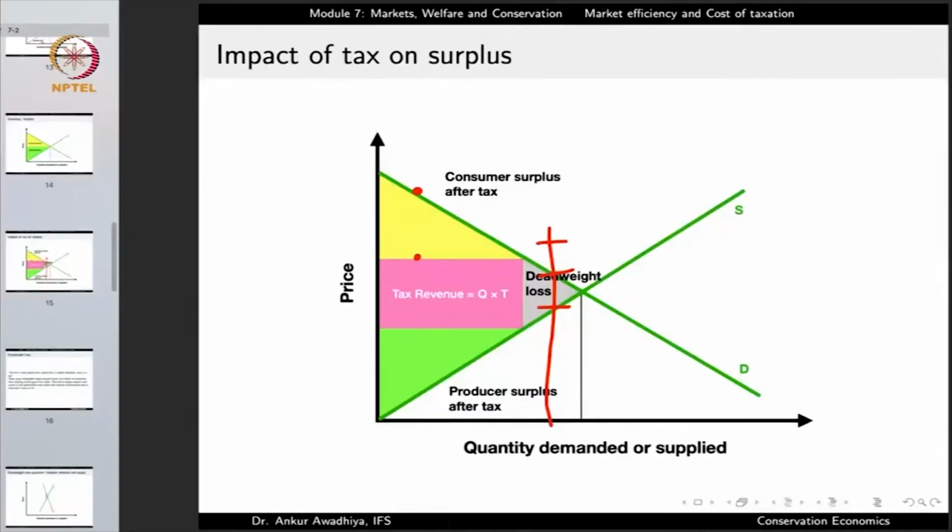The revenue is the quantity of goods sold multiplied by the amount of tax. But if the good is not sold because it is no longer lucrative to the buyer and the seller, then the government also does not get the revenue. So this is a loss in the total surplus arising because of the market distortion, in this case, the taxation.